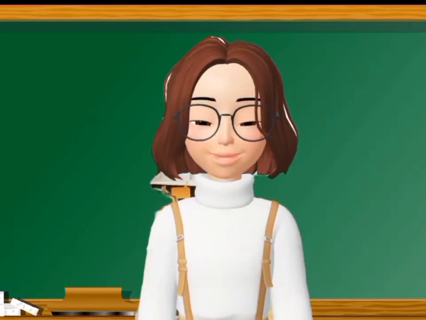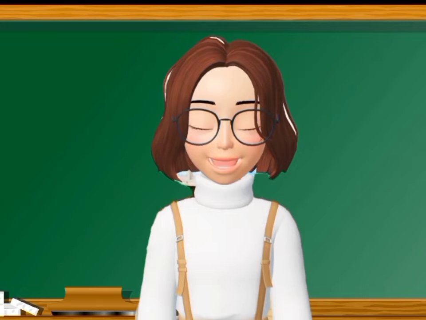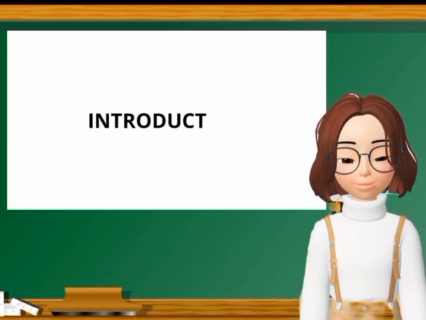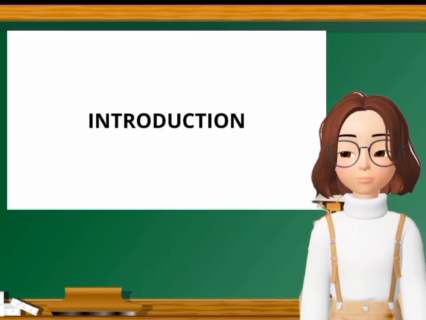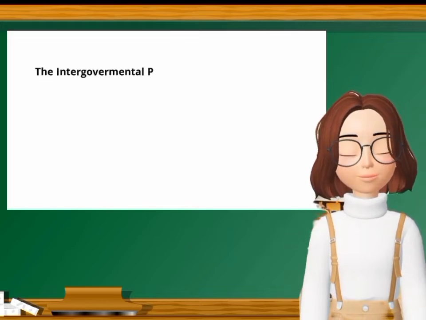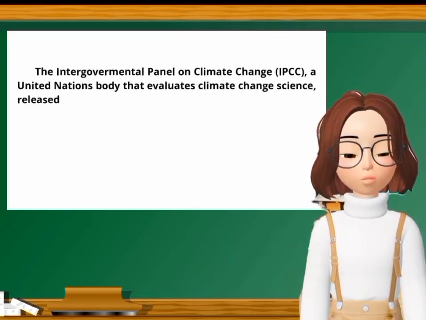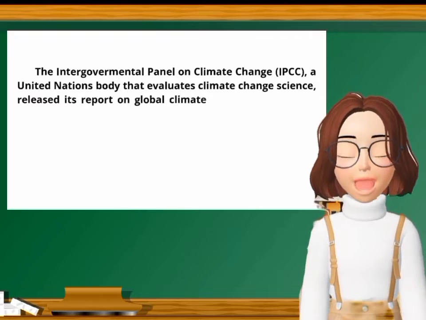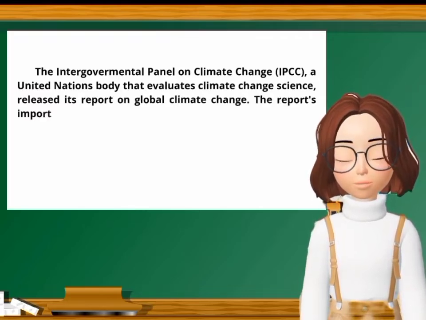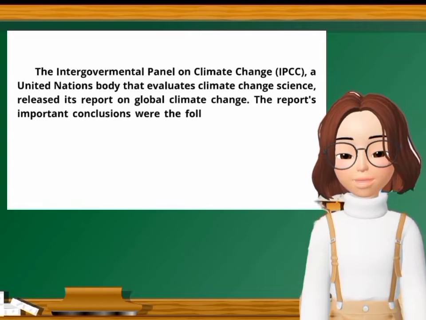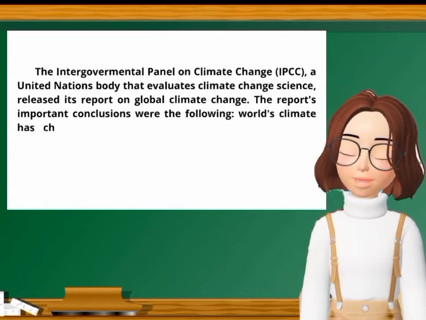We have gone throughout the whole lesson 5. This time, let me give you a short introduction about our lesson 6, the climate change. The Intergovernmental Panel on Climate Change, or IPCC, a United Nations body that evaluates climate change science, released its report on global climate change.